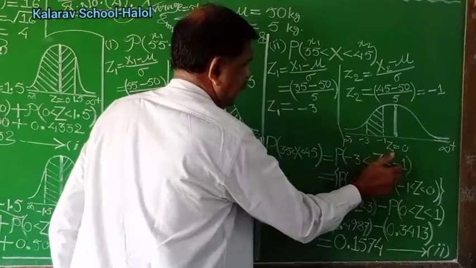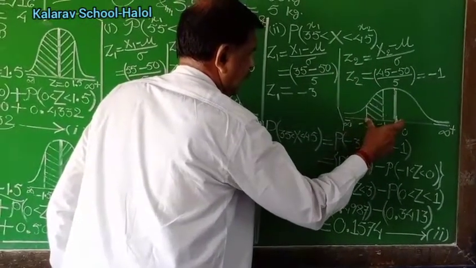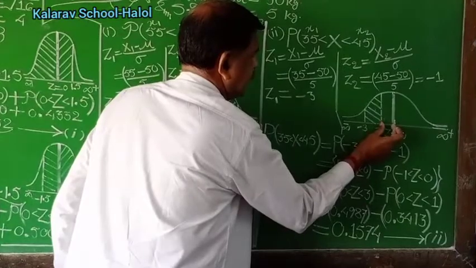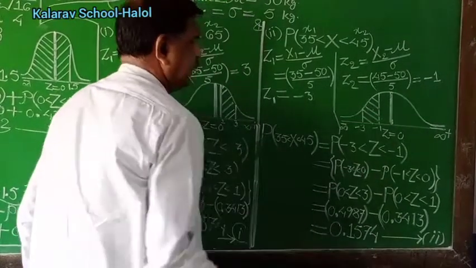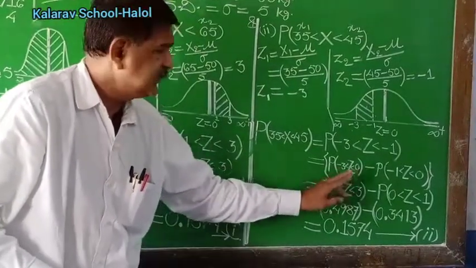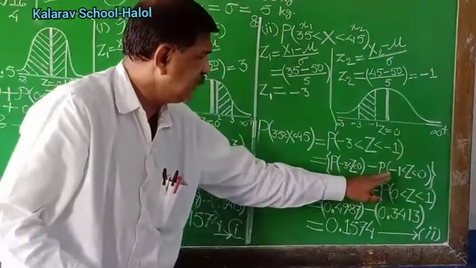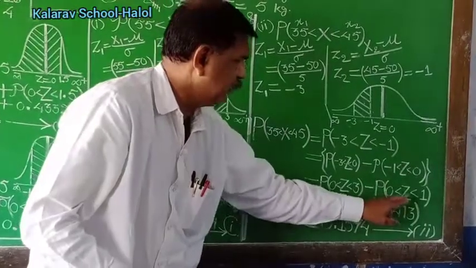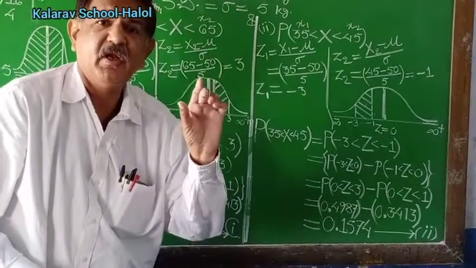Minus 3 to minus 1 is this area minus this area, then you can obtain this one. But we know that minus 3 to 0 is same as 0 to 3 and minus 1 to 0 is same as 0 to 1.